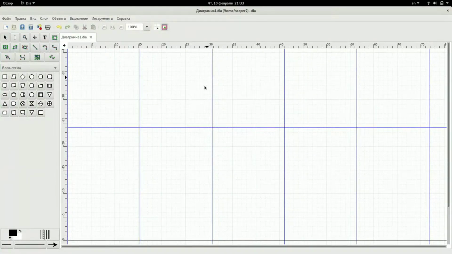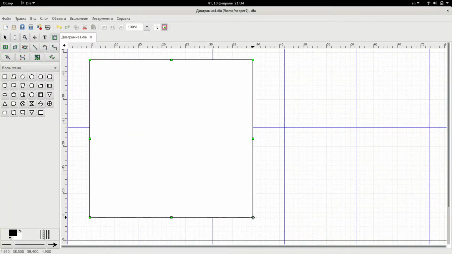And first I want to show you how GDB works. First I want to draw GDB itself, what it looks like. First, there are groups.